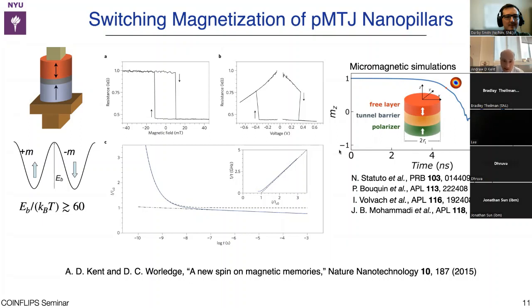And it turns out these devices don't actually switch like spins rotating. If you do modeling, and even if you do measurements, there's more complex dynamics. So this would be an example of a micromagnetic simulation. You start out magnetized up, you end up magnetized down, but during that process, you nucleate domains, you have domain wall propagation, and so on.